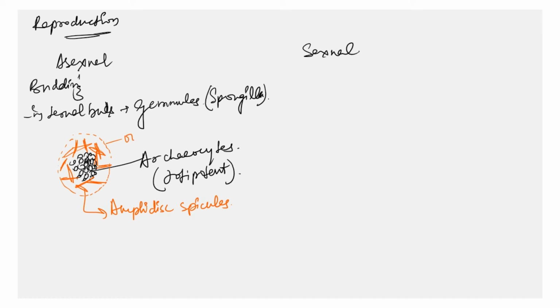This is the outer membrane. This one is the inner membrane. And in between the membrane you have one outlet. This outlet is called micropyle. From here water can enter into this gemmule. This is micropyle.